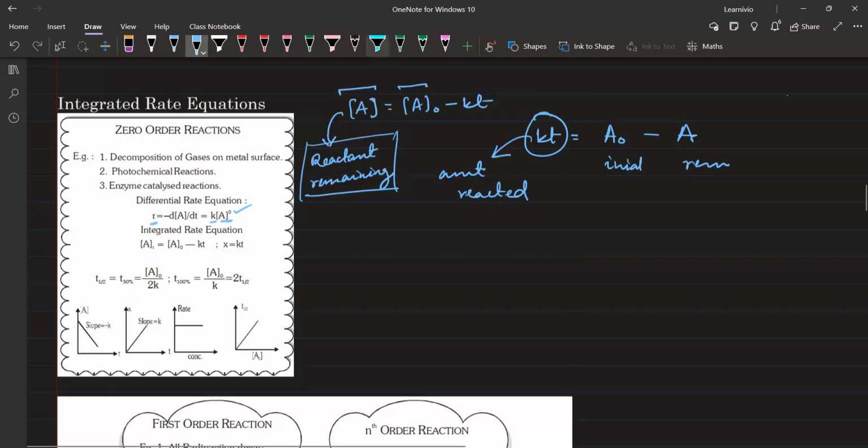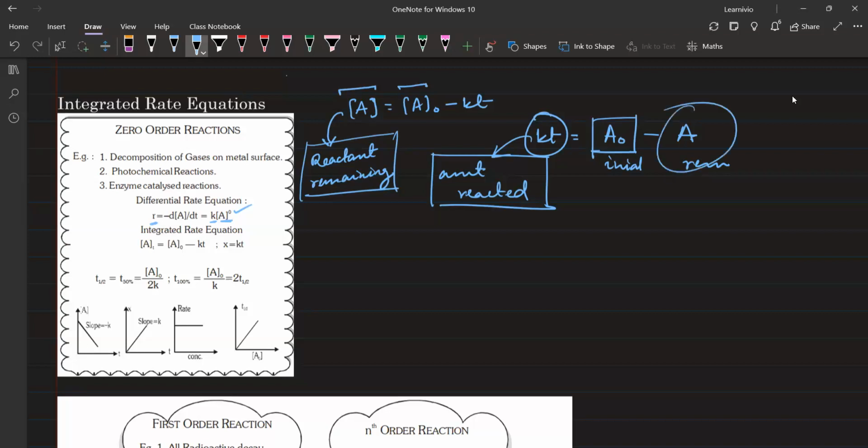If you have been given the rate constant and time, then you can calculate the amount reacted. You don't need the initial value of the concentration. Please remember this point: in zero order reactions only, you don't need the initial amount of the reactant in order to calculate the amount of reactant that has reacted. For the amount remaining, you need the initial concentration also. So this is about the integrated rate law equation and what type of questions can come.